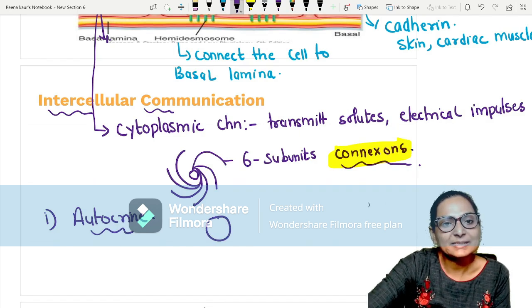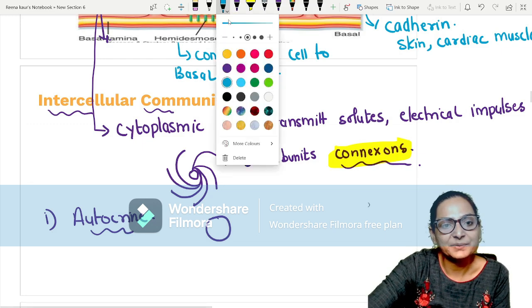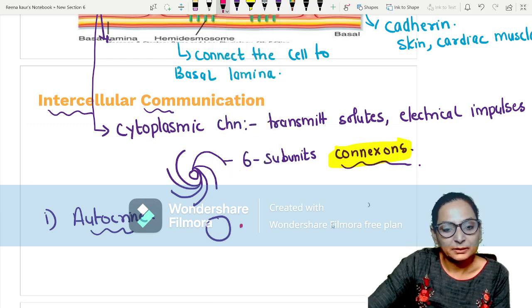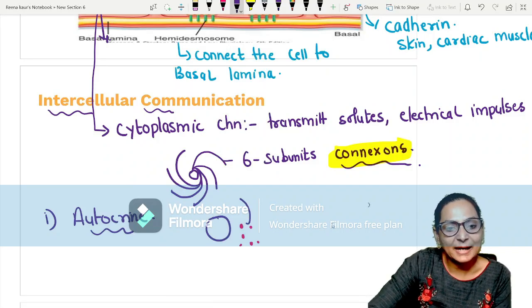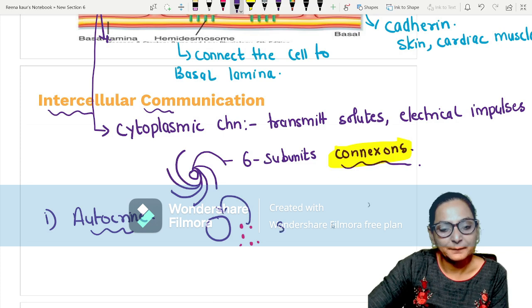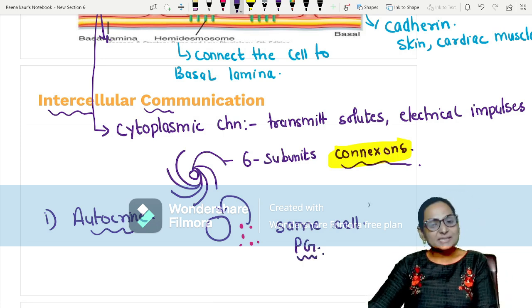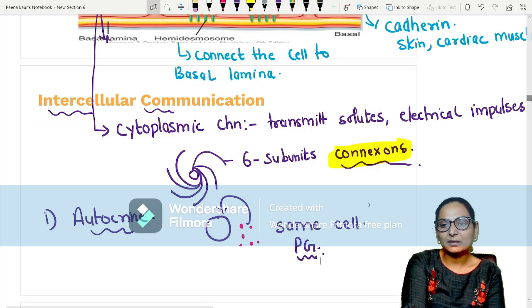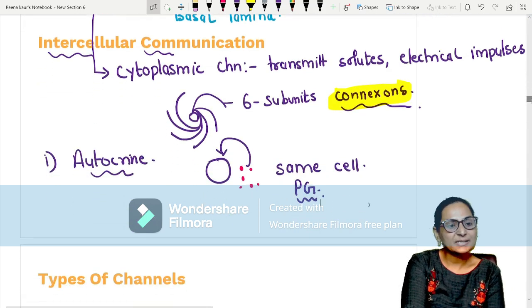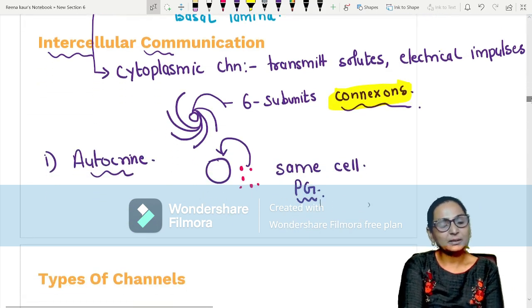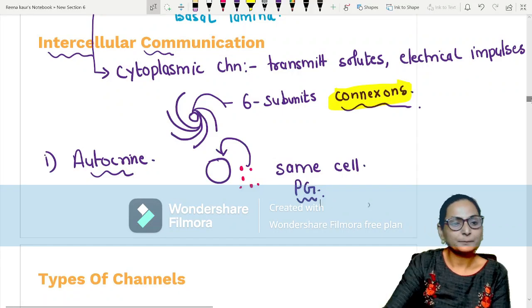This cell is secreting some substances, and the substances act on the same cell. Example, your prostaglandins. So they act on the same cells from where they are secreted.